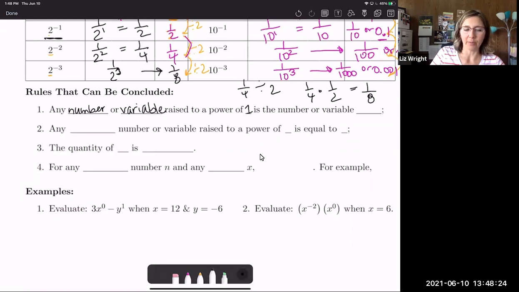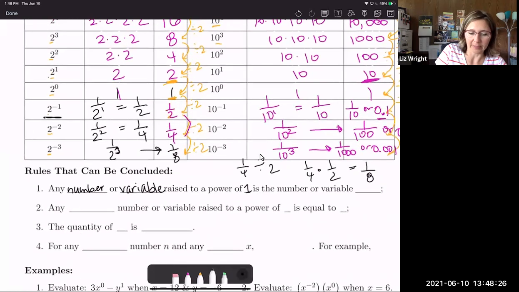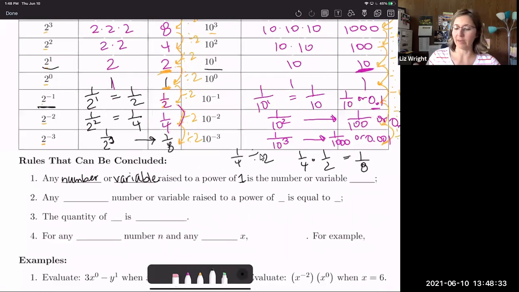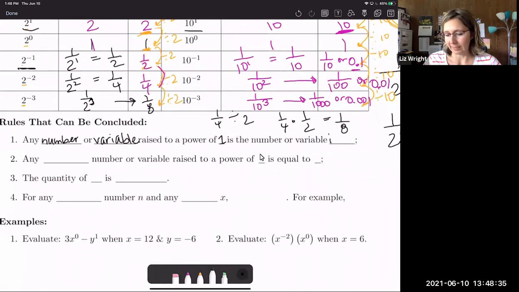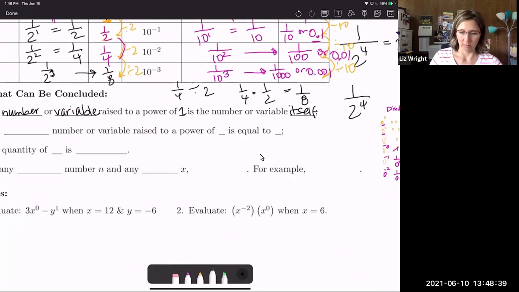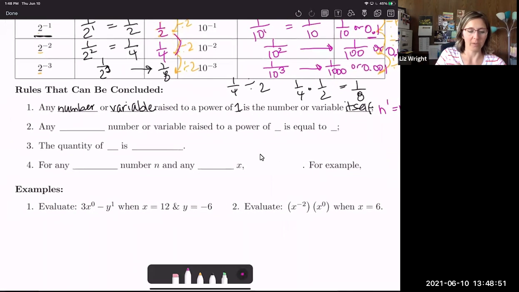Here's the power of 1, here's the power of 1. It's that number itself, right? It's going to be that number or variable itself. So here's your generic rule: n to the first is going to equal n.